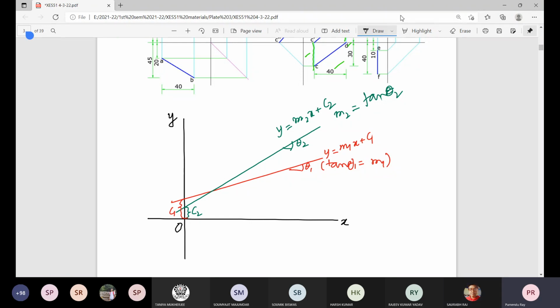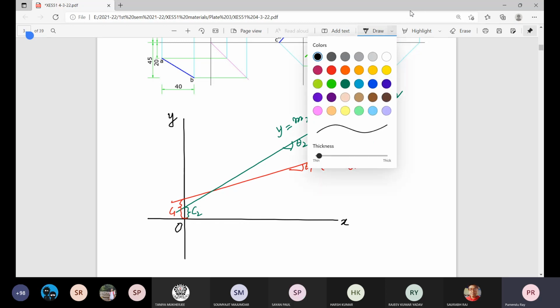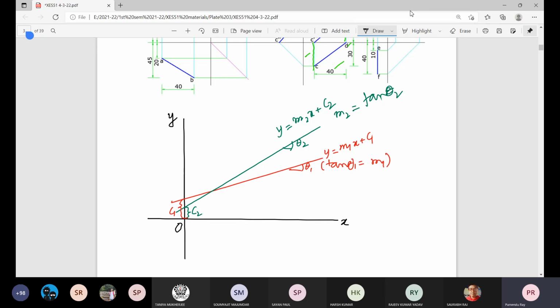On the graph paper itself, at distances c1 and c2, we identify these two y-axis intercepts. We measure the angles θ1 and θ2 and draw two lines passing through the intercept locations c1 and c2. And physically, we can find the location of this point of intersection and find the coordinates of this point, x value, y value. But if that graphical visualization ability is not there, mathematically, how do we do that?